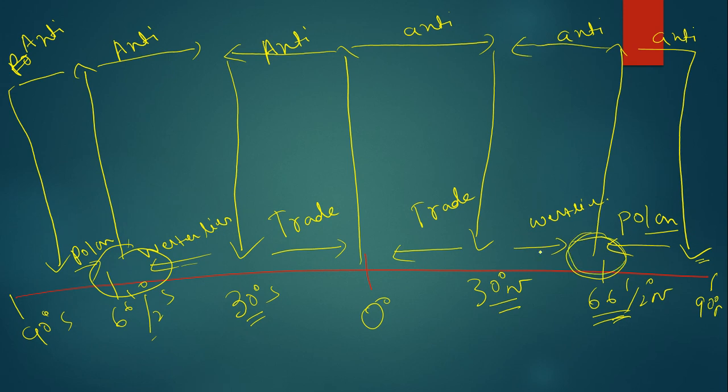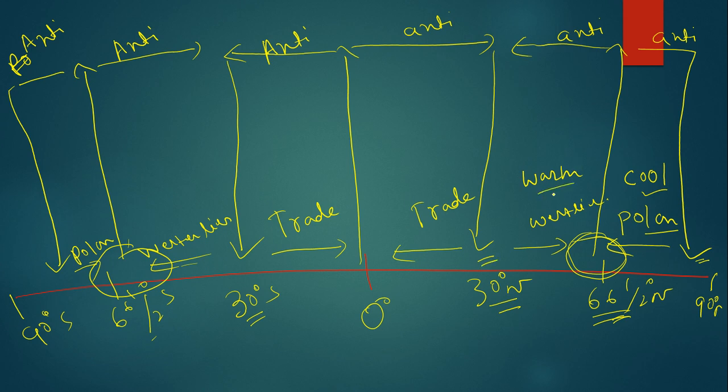And over that place, these two different characters of wind meet. One wind is coming from the pole, so that wind is very cool and very cold, and this air is warm in nature because it is coming from 30-degree north.